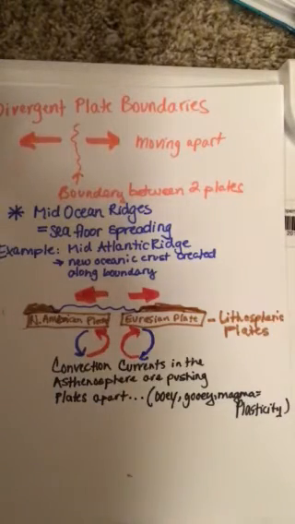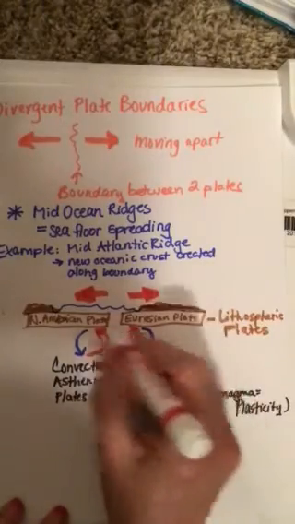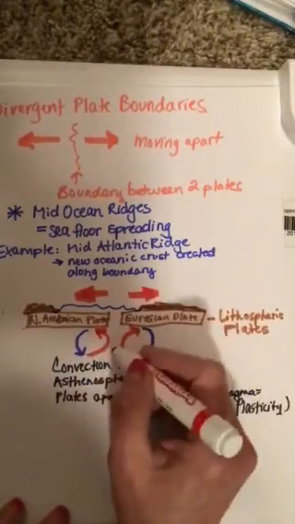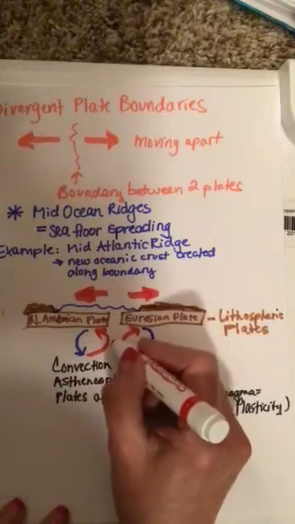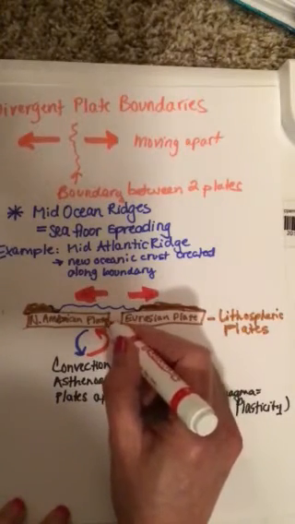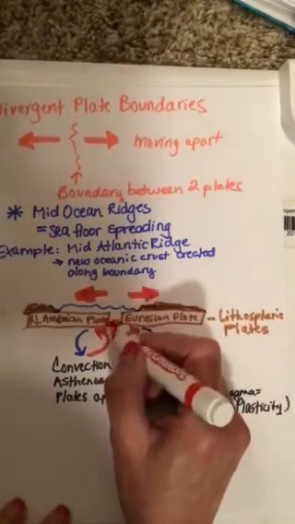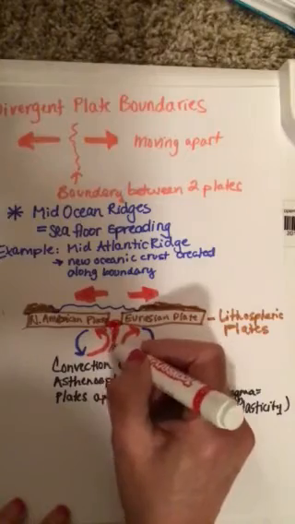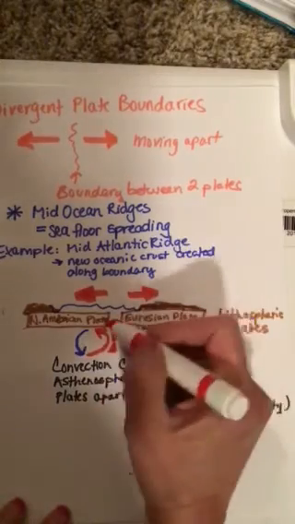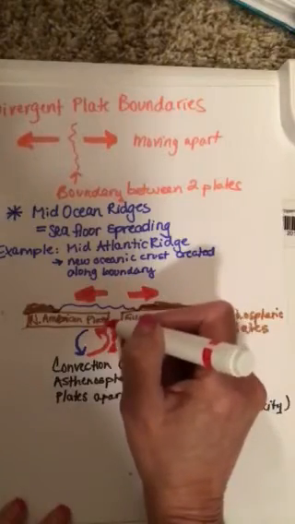Now, of course, we just said that what's going on here in the asthenosphere is moving the plates apart, but also allowing for that ooey gooey magma to creep up and make new ocean floor. So this is new ocean floor, if you can believe that. So I'm going to label that too.